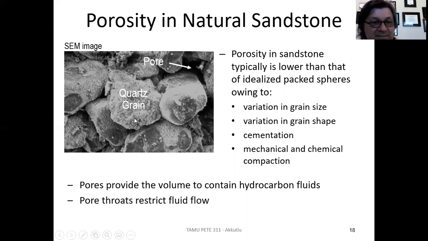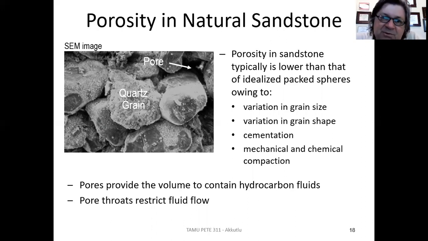So you can have similar discussions here. Here's a pore, here's another pore, and these are connected with a very small pore throat. Right? So by looking at these images, you can come up with a simplified model of this rock's pore network in terms of pores and throats that connect the pores.